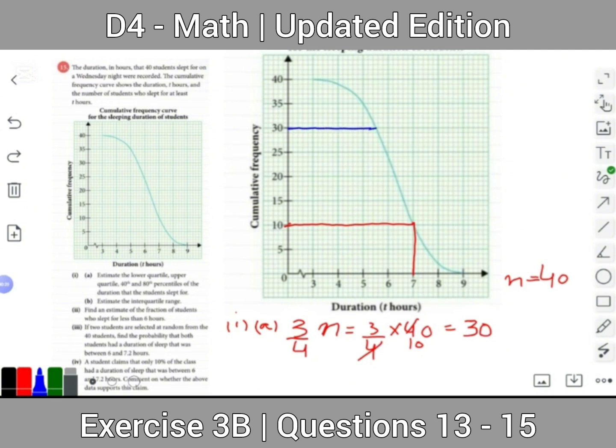Now from the curve we will draw a vertical line until it touches the horizontal axis. Since each square is equal to 0.2, we have 5.2, 5.4 and 5.6, and between 5.4 and 5.6 somewhere 5.5 lies. So the value of the lower quartile Q1 is equal to 5.5 hours.